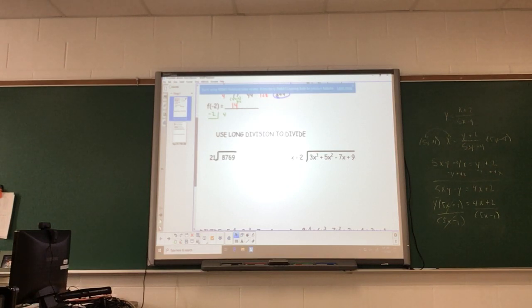Division. Don't want a decimal either, I want a remainder. What do I do with the remainder? Don't put just an R there. What do we do with the remainder?